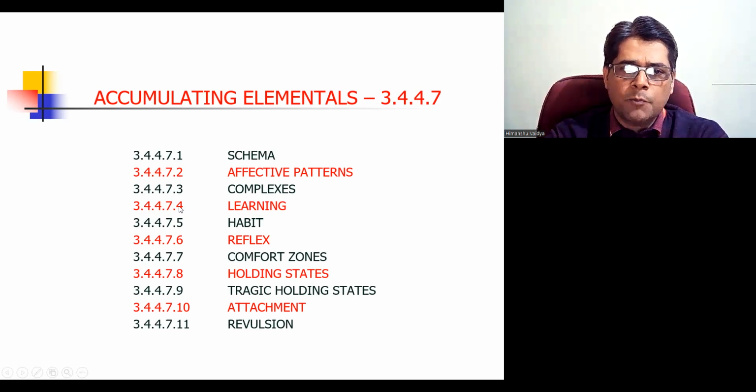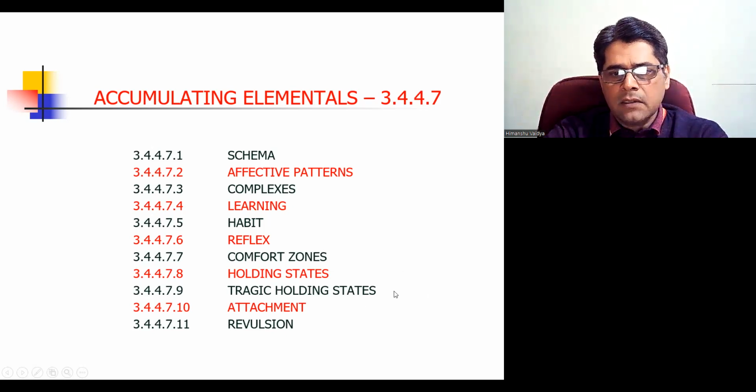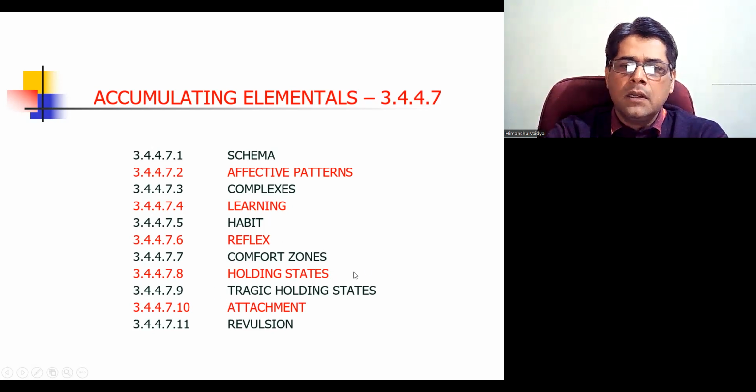And this is rare because 7.4, 7.5, 7.6 are usually not in the center except in this category of disorders. Tragic holding states, this element is very important in personality disorders. Most personality disorders, people pass through this tragic holding state, where they have accepted and normalized the everyday suffering.